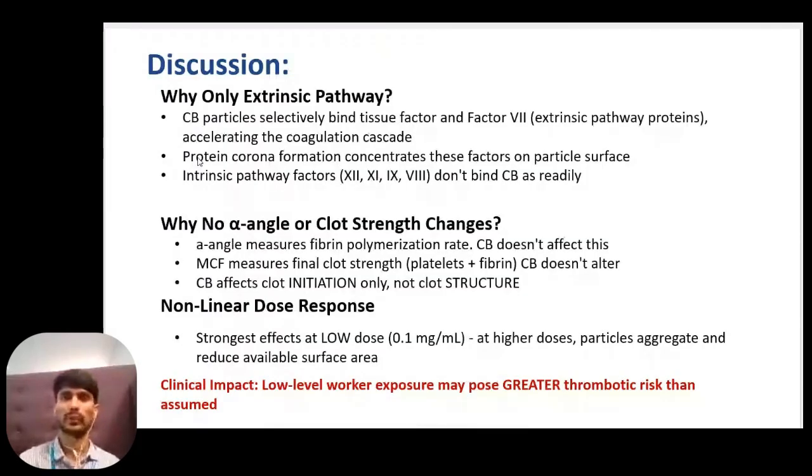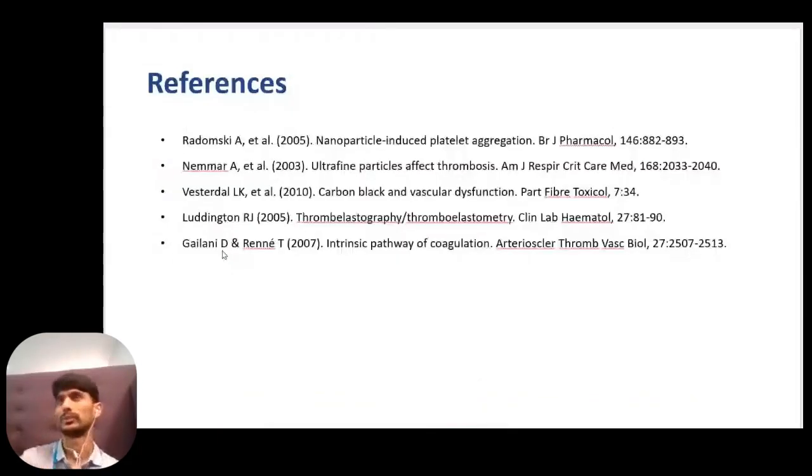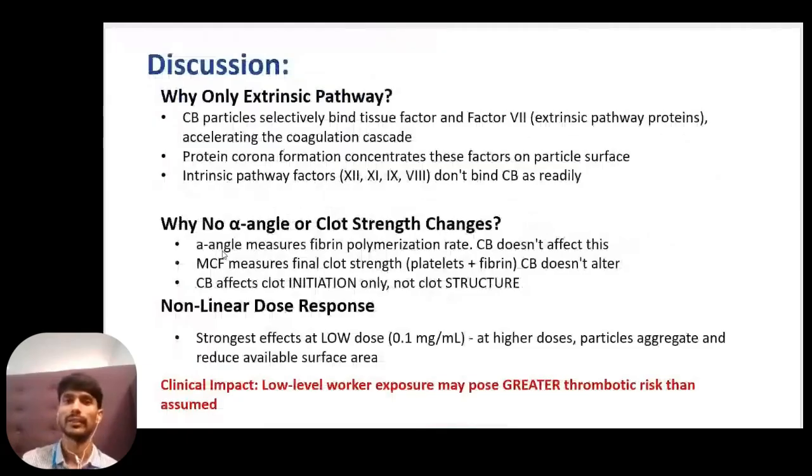When carbon nanoparticles enter the blood, they automatically bind to proteins. Once proteins are bound, protein corona formation occurs, so these factors are on the particle surface. However, the intrinsic factors, clotting factors 8, 9, and 10, are not affected and don't bind to carbon black.